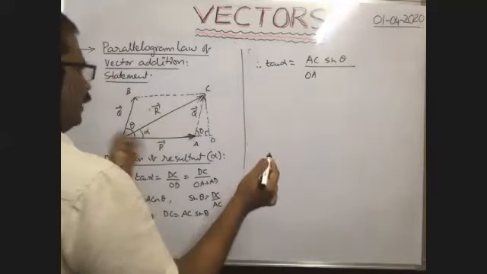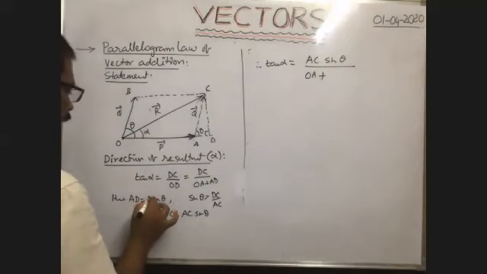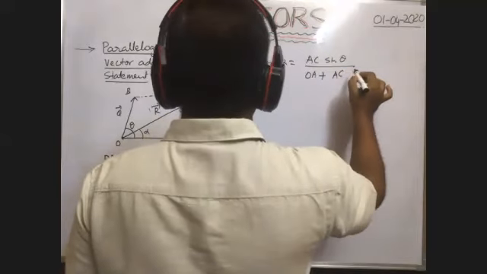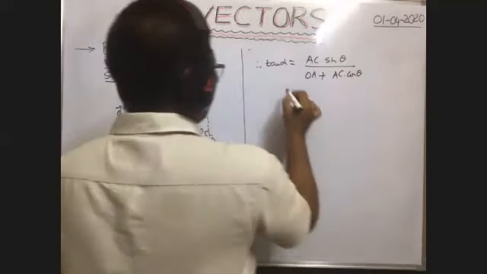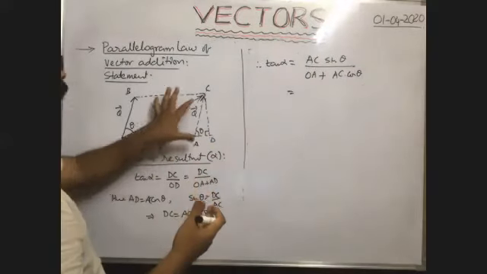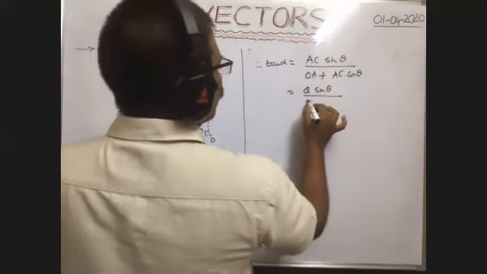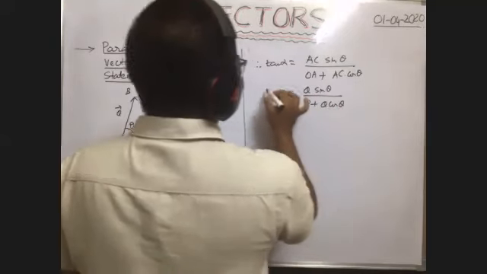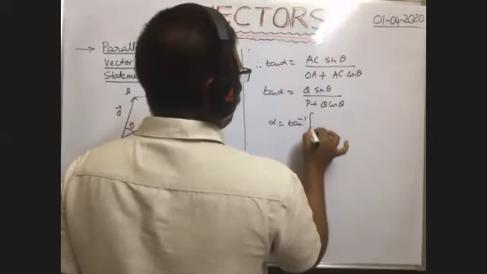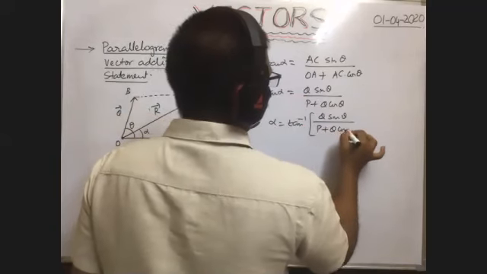OA value is equal to P, and AD is equal to AC cos theta. Already we know AC is equal to Q. So tan alpha is equal to Q sin theta by P plus Q cos theta, or alpha is equal to tan inverse of Q sin theta by P plus Q cos theta.